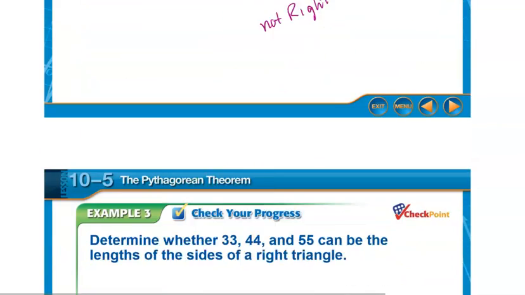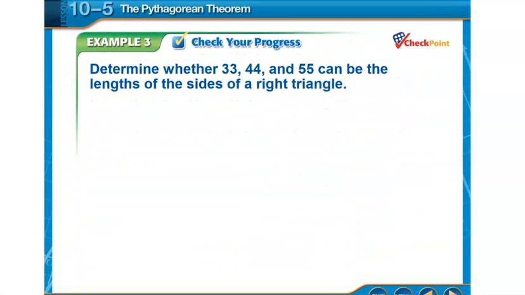But when you get to the next one, this is a 55. That's the hypotenuse. I know it is because these two are shorter. We have to check and see if 33 squared plus 44 squared equals 55 squared. And if it does, then this is a right triangle.